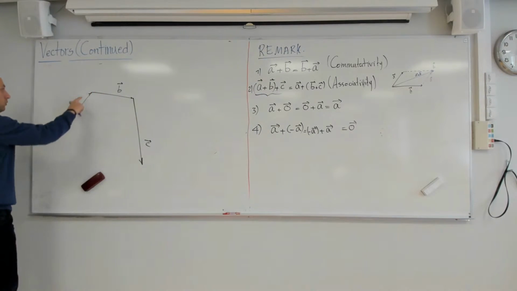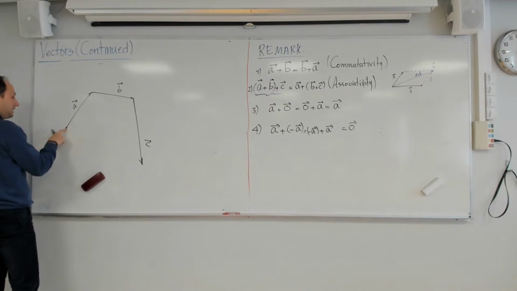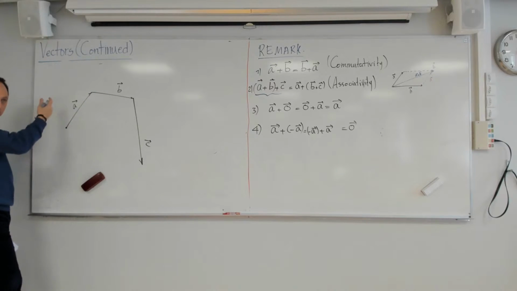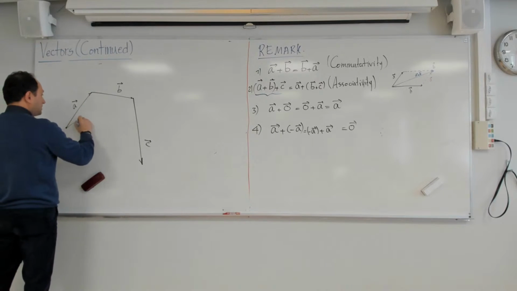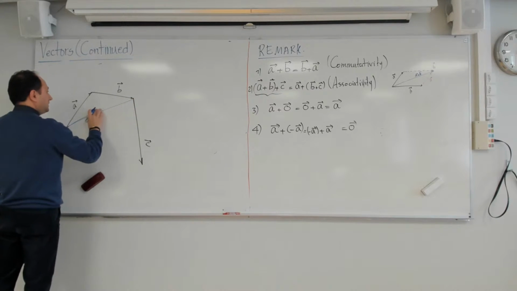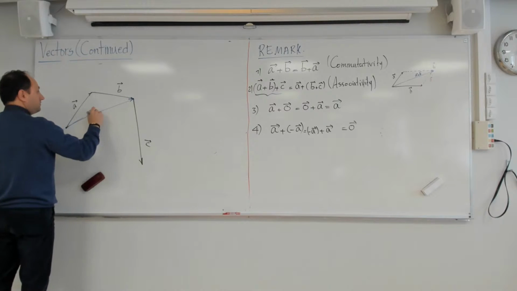So tell me, what is A plus B? A plus B, I have to connect the initial point of A to the final point of B if the second vector is drawn from the tip of the first vector, which is the case here. So here, this would be vector A plus B.